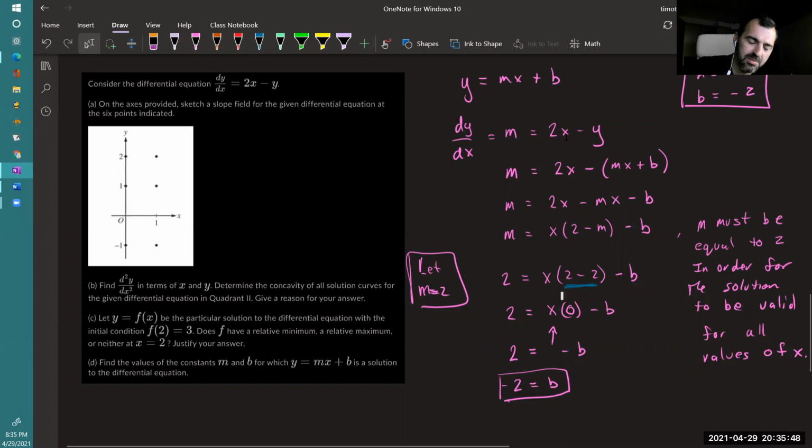And let's say you had done something different and ended up having a y somewhere in here. You'd have to go through the same reasoning. You'd have to set m or b equal to something such that the y has a coefficient of 0.